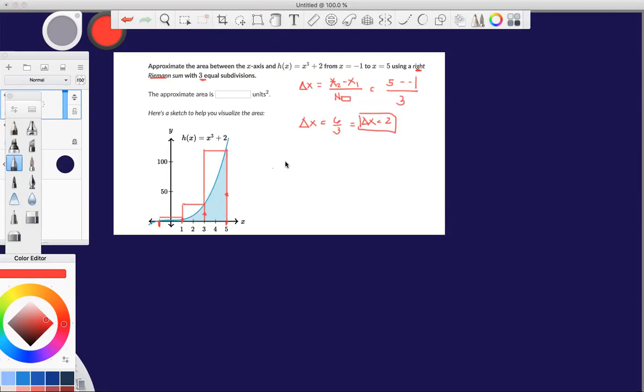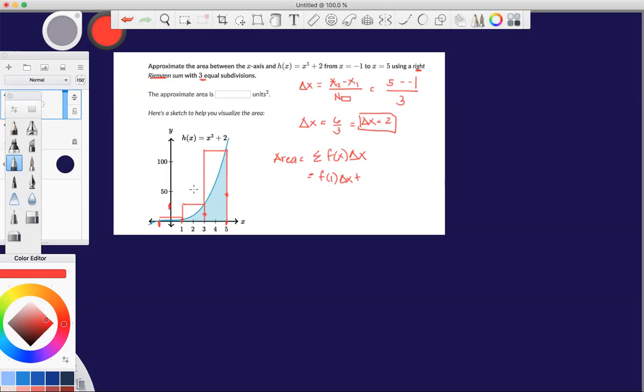So the area is technically equal to the summation of your f of x multiplied by our delta x. Let's take a look at rectangle number 1. From -1 to 1, what's going to be the value of our x for this one? f of 1. Very good.